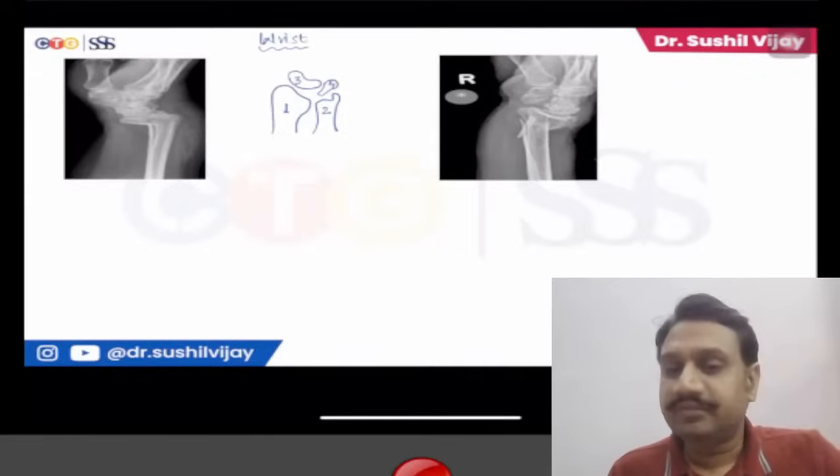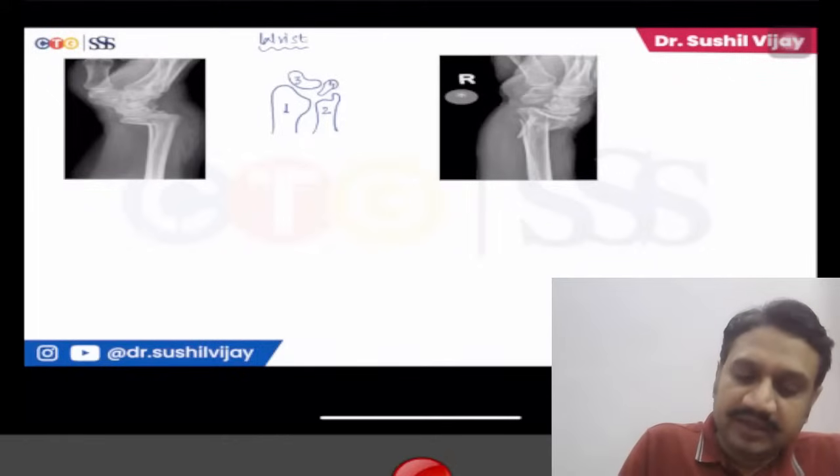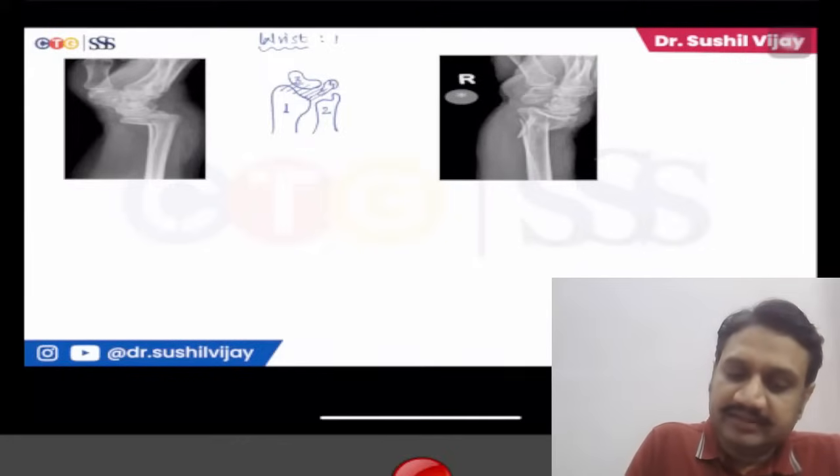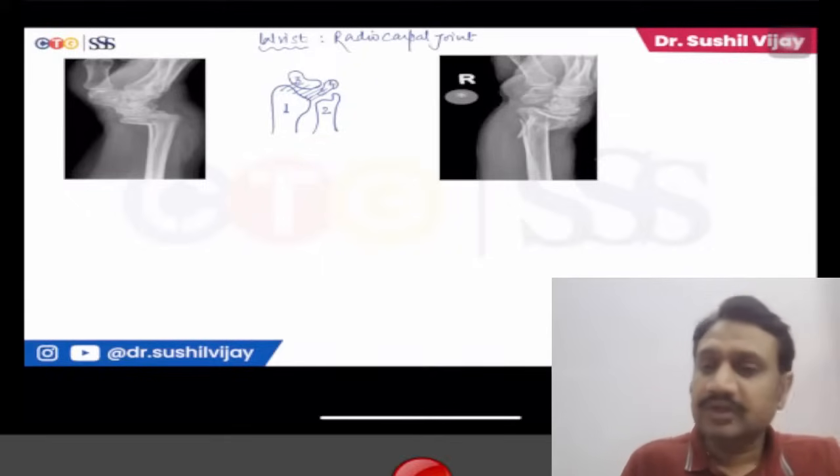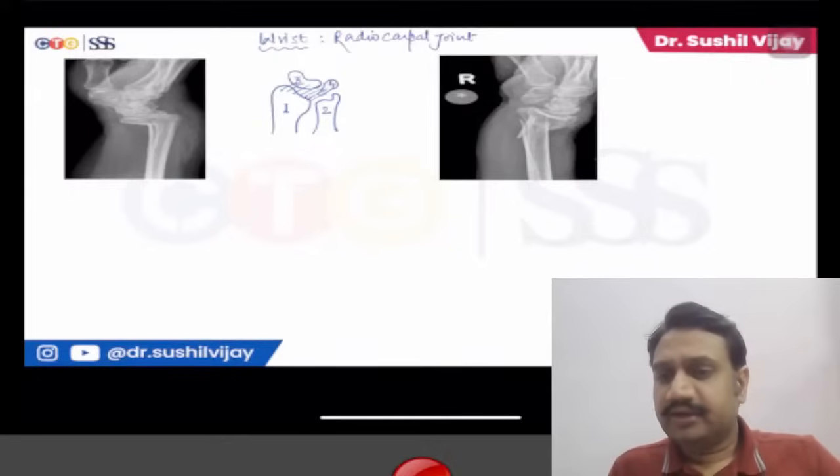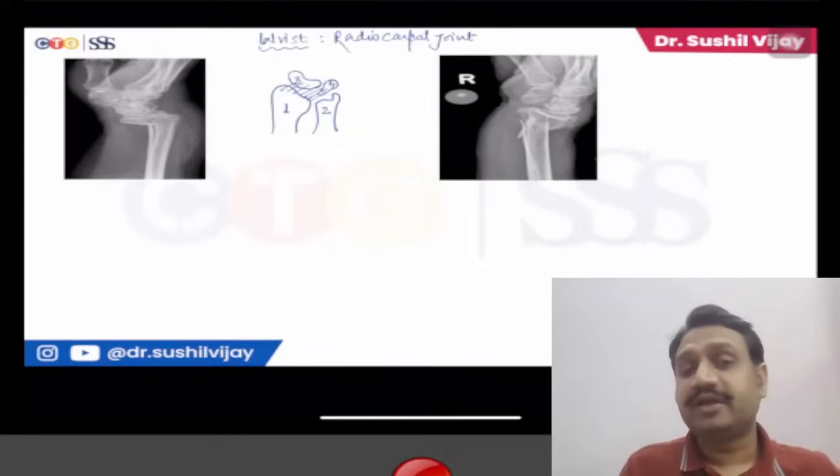The wrist joint is between the radius and the carpals. Wrist joint means the radiocarpal joint.